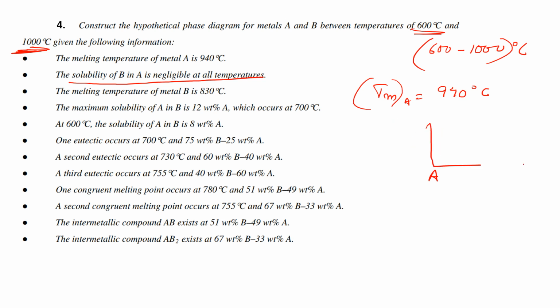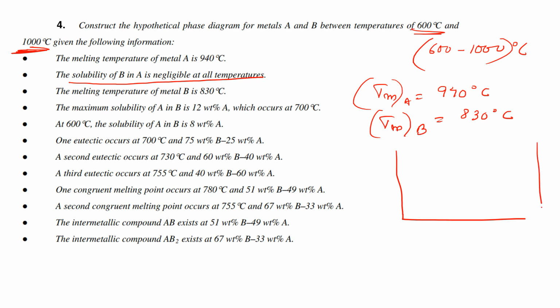So this phase diagram will start from the pure A. And the melting temperature of pure metal B is given by 830 degrees centigrade.